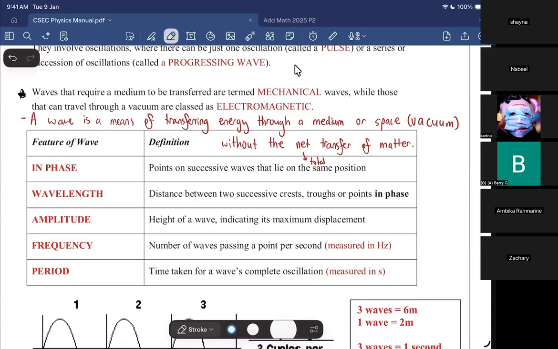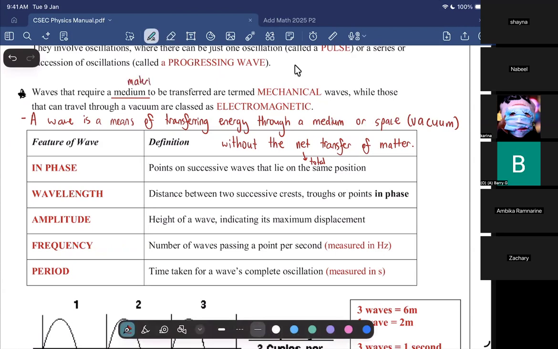Think about it like this. If you take your ear and put it against a wall and you hit the wall, wouldn't the vibration that you cause be transferred through the solid to your ear? Yes, it would. So sound waves are an example of a mechanical wave because mechanical waves require a medium to be transferred. When I say a medium, I'm talking about a material.